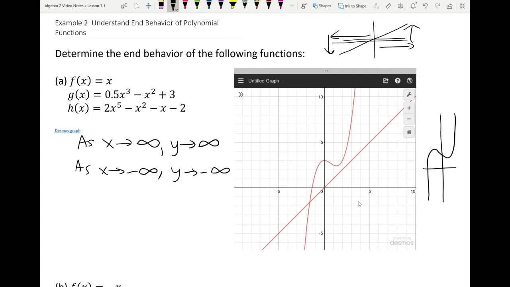And notice that as x goes bigger and bigger, the y also gets bigger and bigger. As x goes negative, y also goes negative. So that's the same pattern as y equals x. So the end behavior is the same.